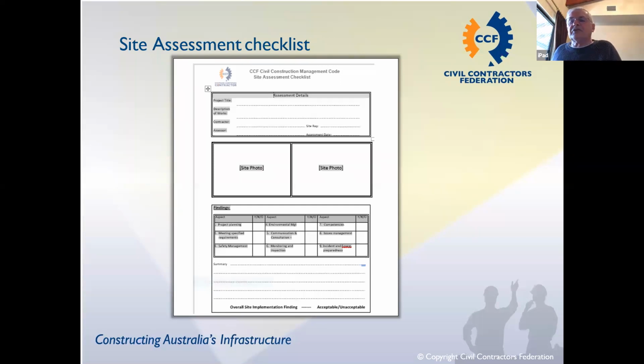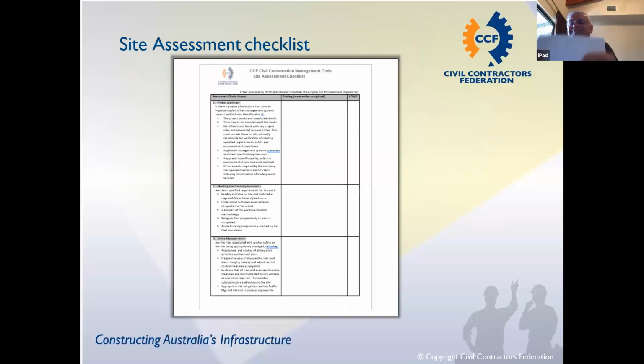And if you look at the first requirement that we as auditors have to look at, I'm not sure you can read that. Are you having trouble reading that? Sort of. The first one, criteria is project planning, and it talks about, is there a project plan in place that assures implementation of the key management system?